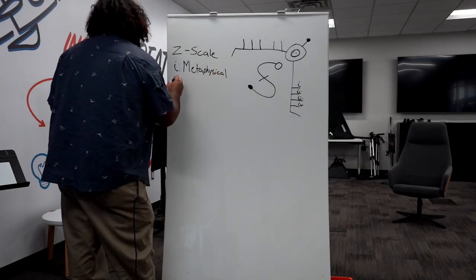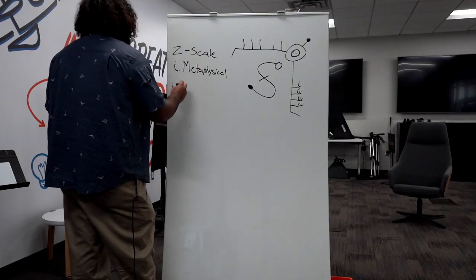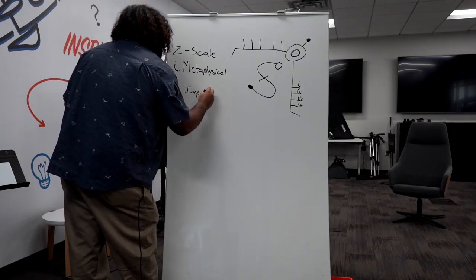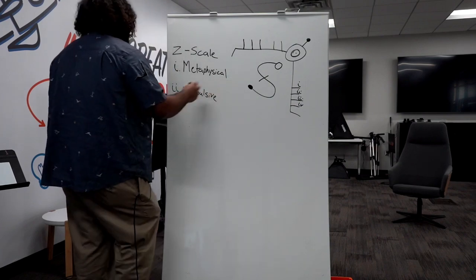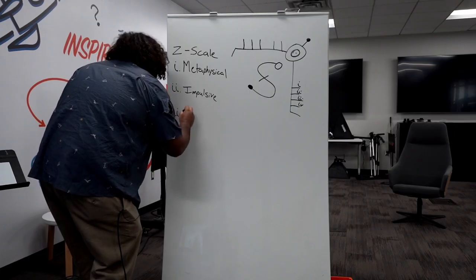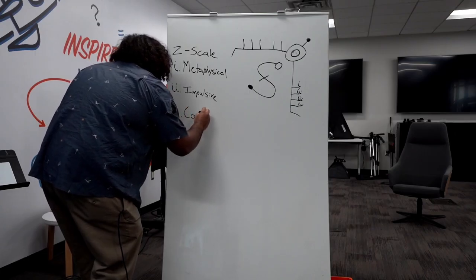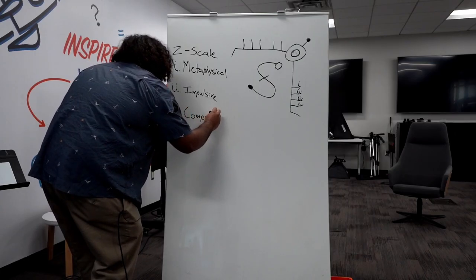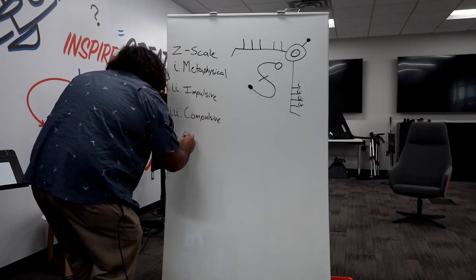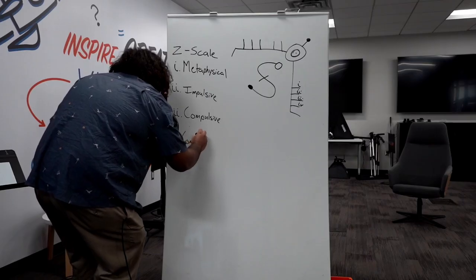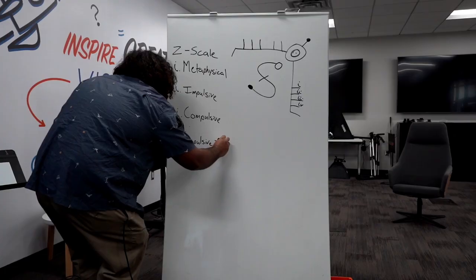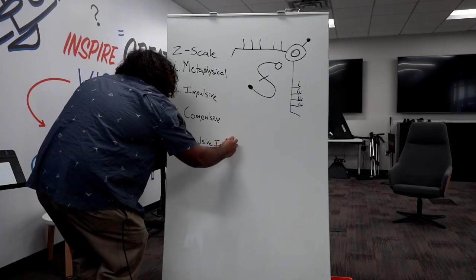And then the Roman numeral number 2 is going to be impulsive communication. And the Roman numeral number 3 is going to be compulsive. And then number 4, we have compulsive impulse.